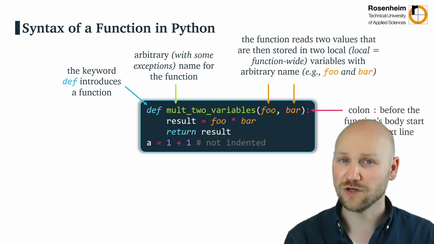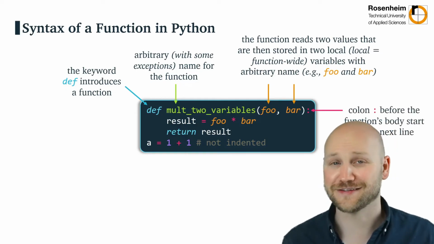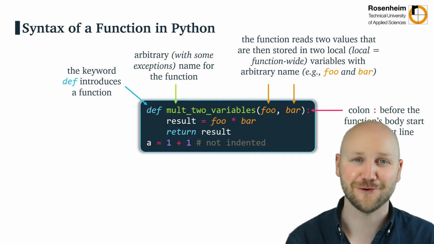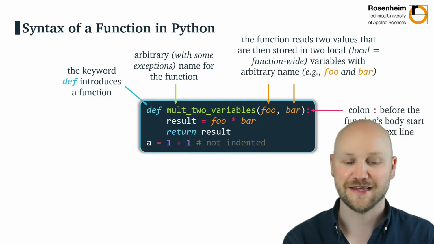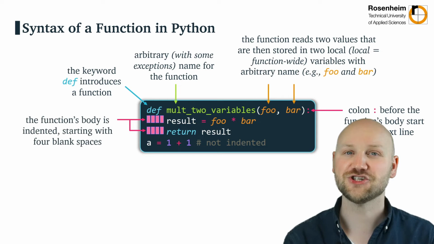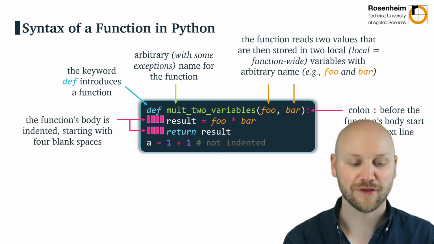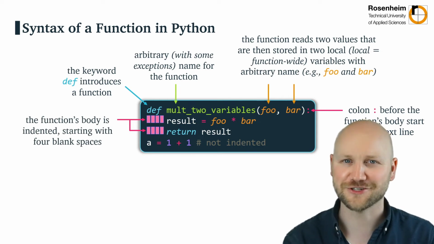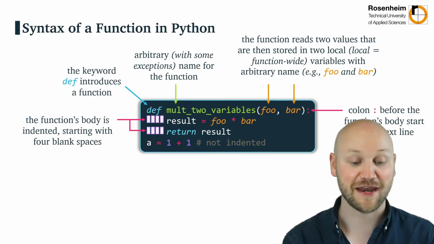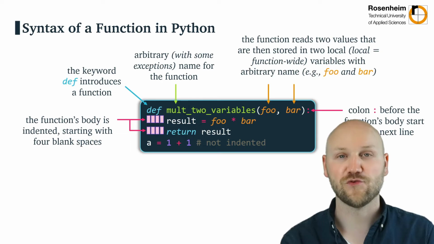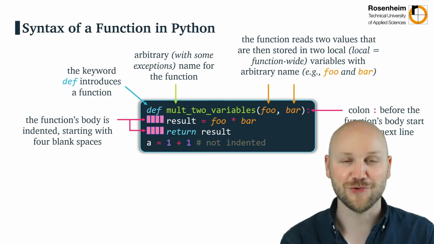Then there is a colon, and after the colon there's an indented body, like we have seen in for loops, while loops, if conditions. So this is always a colon followed by an indentation. The only exception I can think of is a dictionary. There's also a colon, but not an indented body afterwards. But anyway, here we have the indented body, 4 spaces to move the body to the right for better readability.